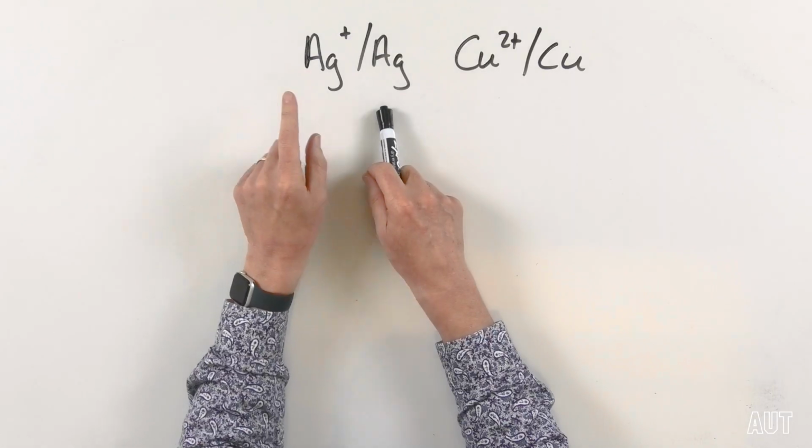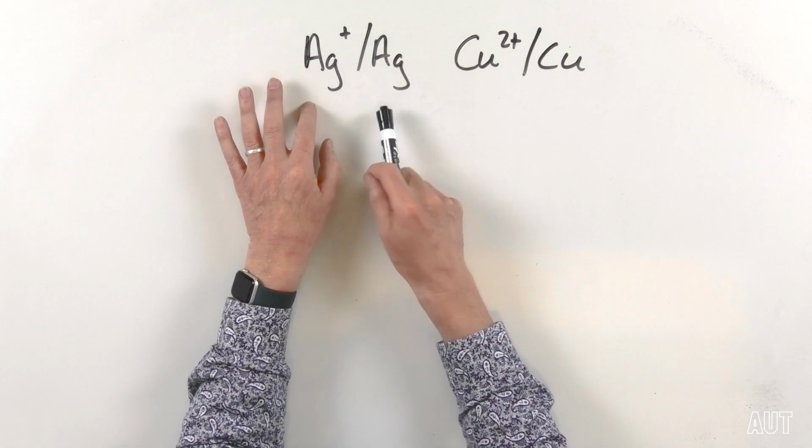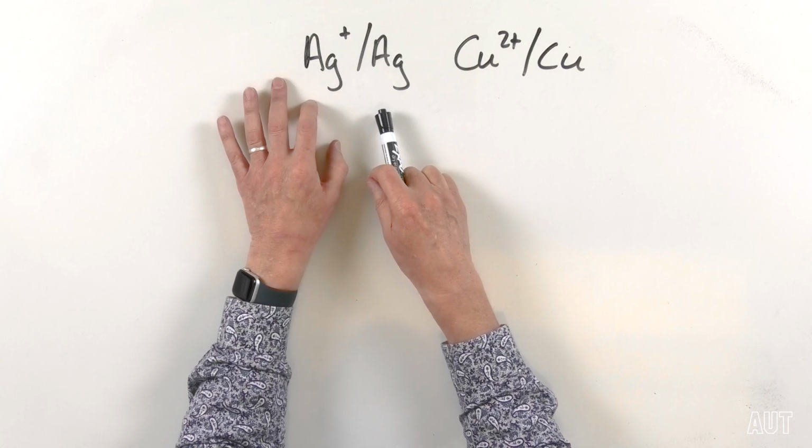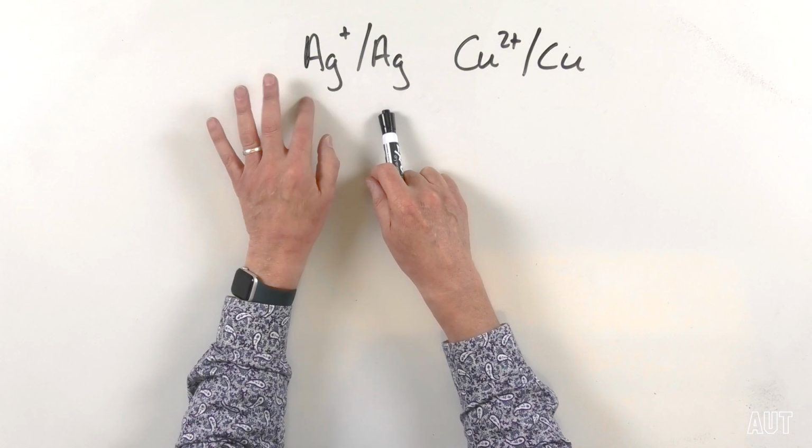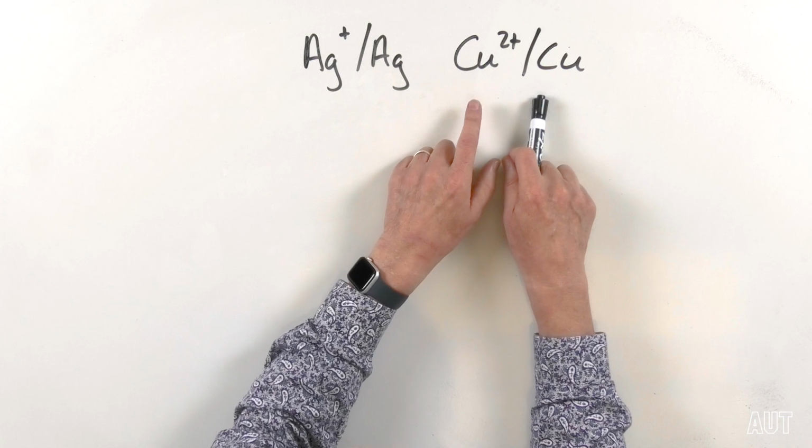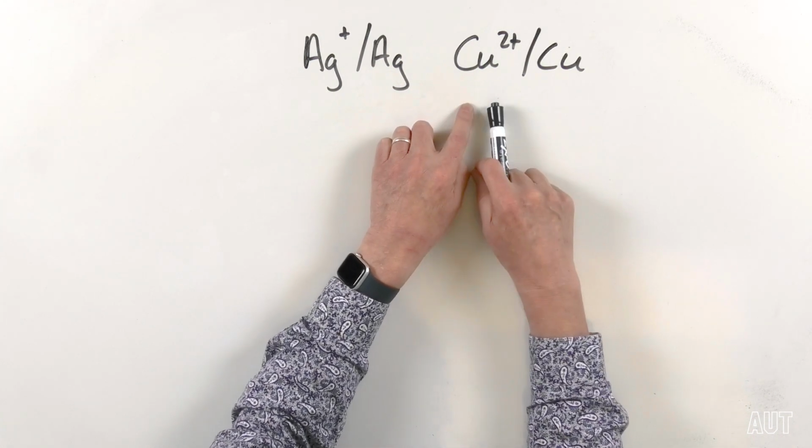Okay? So in other words, if we have, let's say, a solid silver electrode and that's dipped in some Ag+, so silver nitrate solution, something like that, and you've got a solid copper electrode dipped in some copper sulfate, let's say, and you can connect the electrodes, put in a salt bridge, what's going to happen? Okay, what's the spontaneous process going to be?